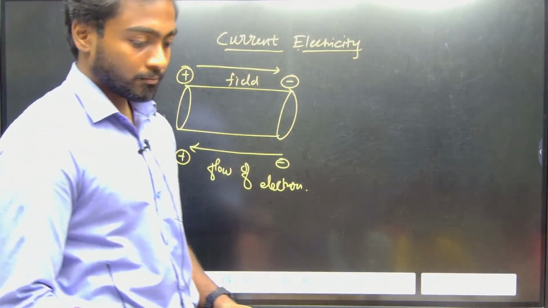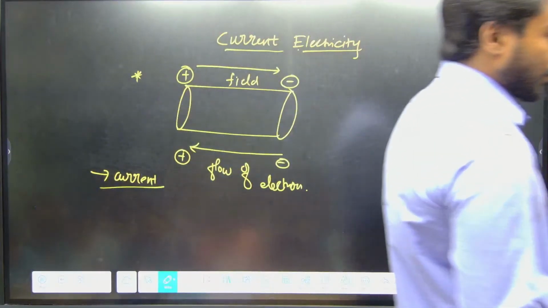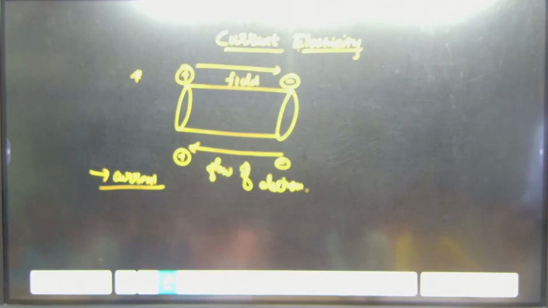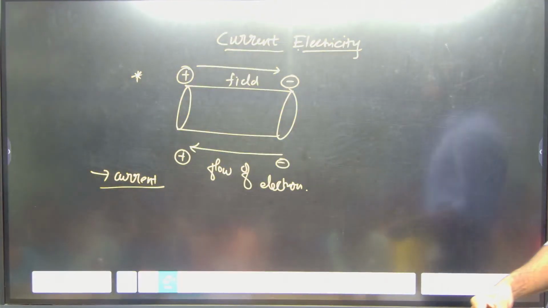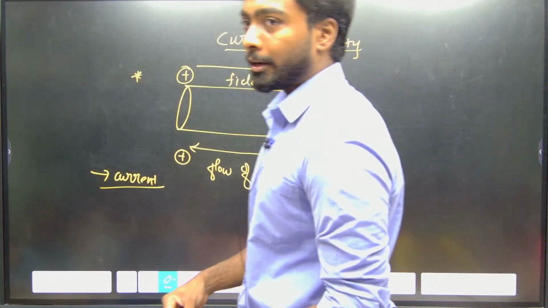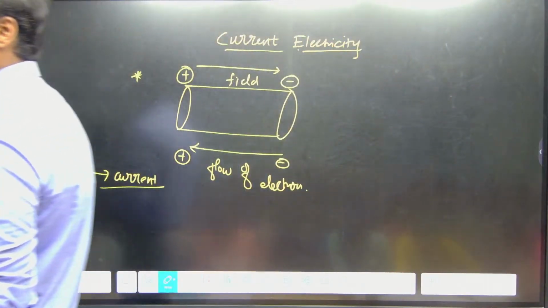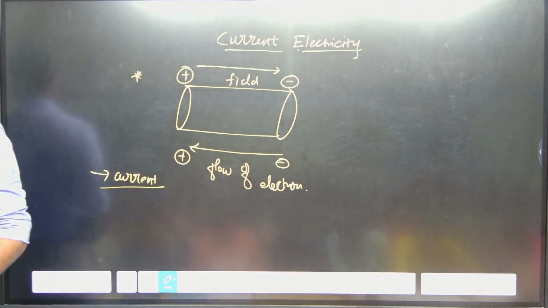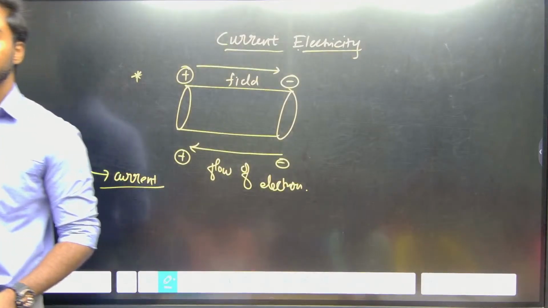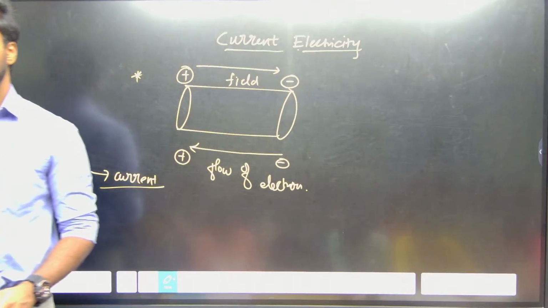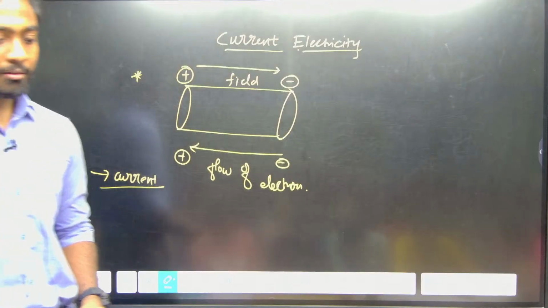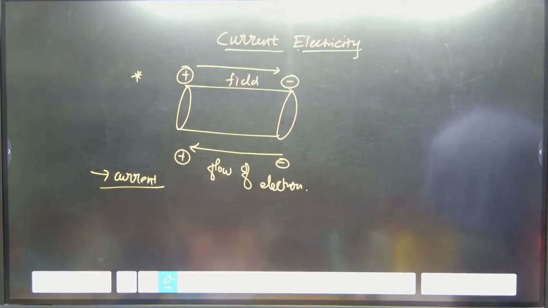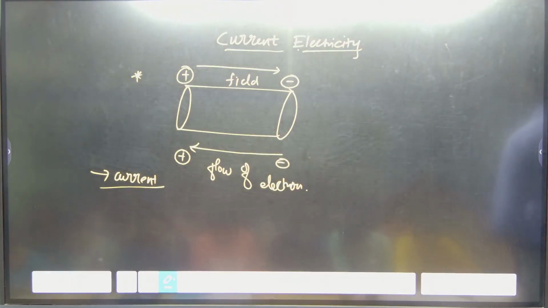Second point, current has direction, but it is a scalar quantity, because it doesn't come under vector addition.